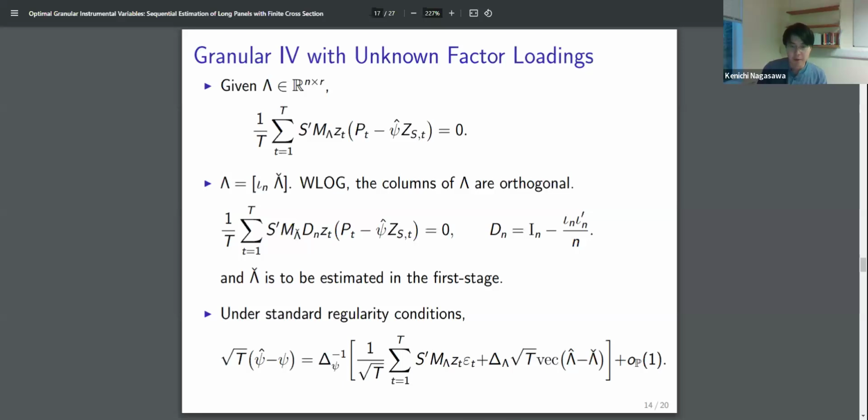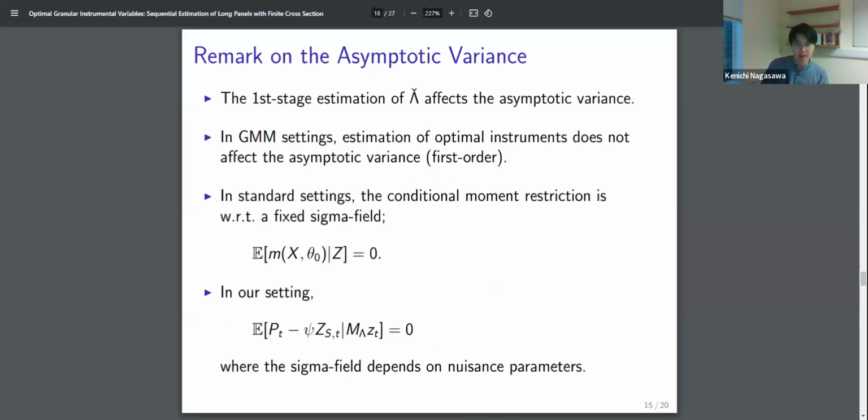Now I want to make a remark. As I already said, the first stage estimation of the factor loading affects the asymptotic variance. But on the surface, this seems different from the standard optimal instrument estimation in GMM settings, where estimation of the optimal instrument does not affect the asymptotic variance, at least to the first order.